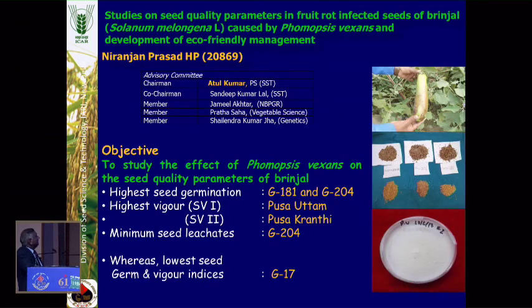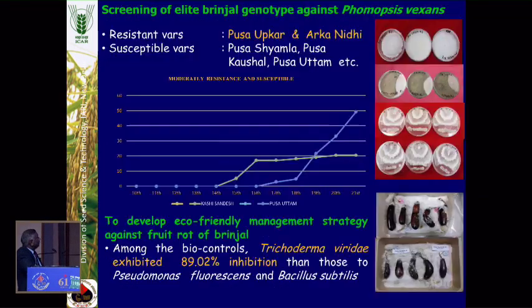Under the theme Seed Health Technology, Niranjan Prasad worked on the seed quality parameters from the fruit rot infested seeds of brinjal. He could find out that the genotypes G181 and G204 recorded the highest seed germination, whereas the Pusa Uttam and Pusa Kranti recorded the highest vigour, whereas the G204 maintained the minimum seed leachates as compared to G70 genotypes.